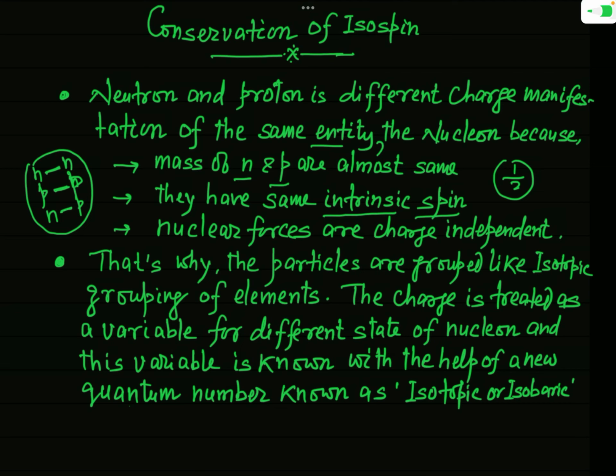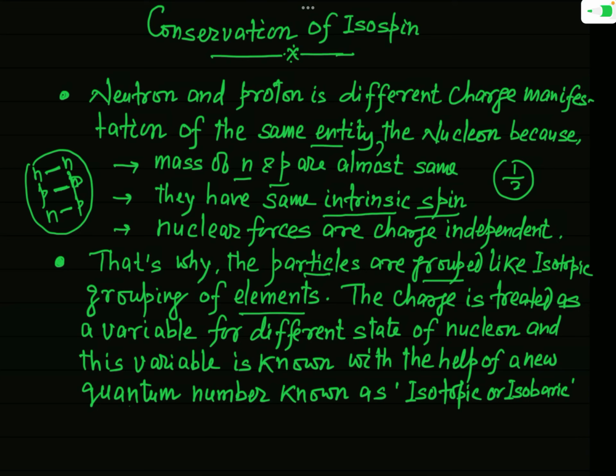They are actually the same particle, commonly called nucleon, but they are in different charge states. So the same particle found in different charge states is neutron and proton. And this is the reason that the particles are grouped like the isotopic grouping of elements.